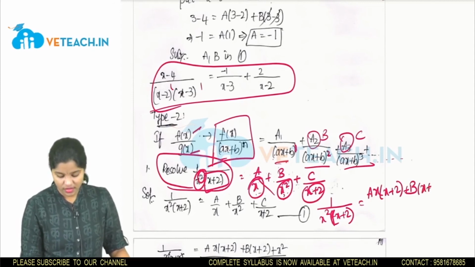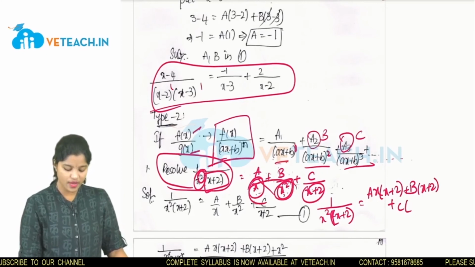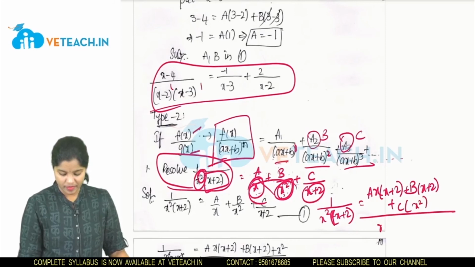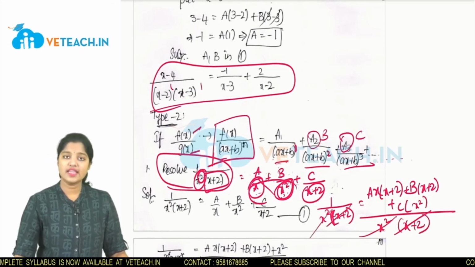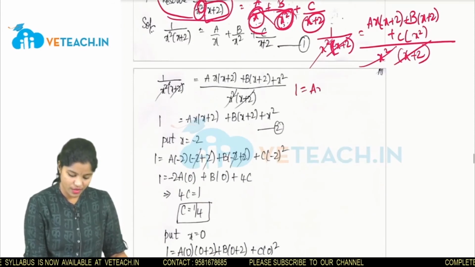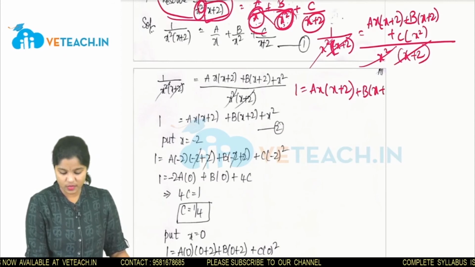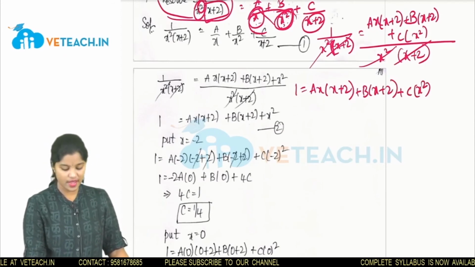Now into x plus 2 plus c into opposite terms, x square into x, highest is x square, so write down just x square by x, total LCM is x square into x plus 2. This will get cancelled. We will get 1 is equal to ax into x plus 2 plus b into x plus 2 plus c into x square.